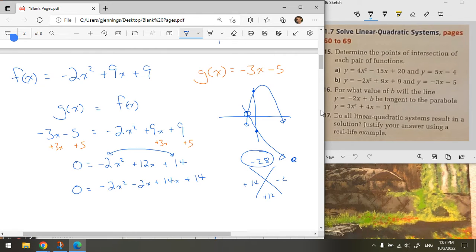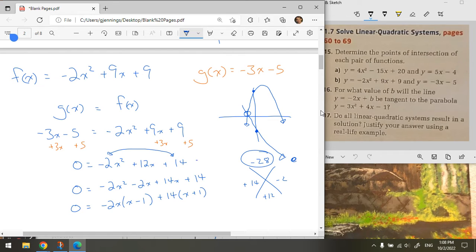So I split up that 12x into two terms. And then we have 0 is equal to, well, negative 2x can factor out of that, and it gives me x minus 1. And then 14 can factor out of that, so 14 can factor out and give me x plus 1.